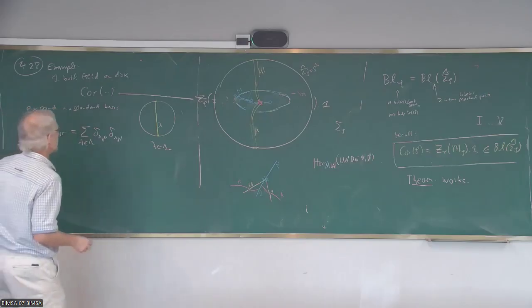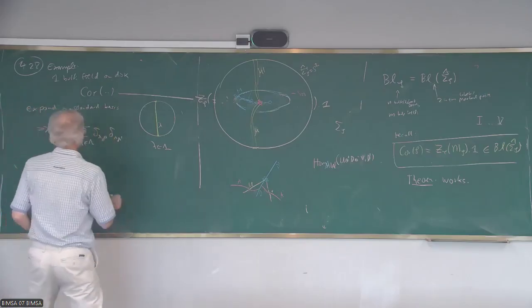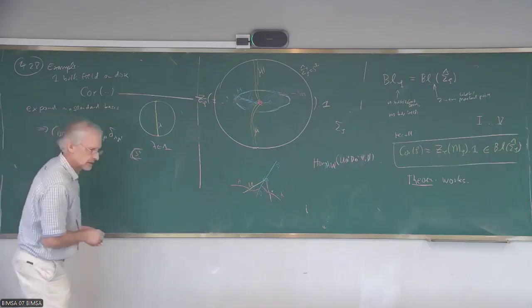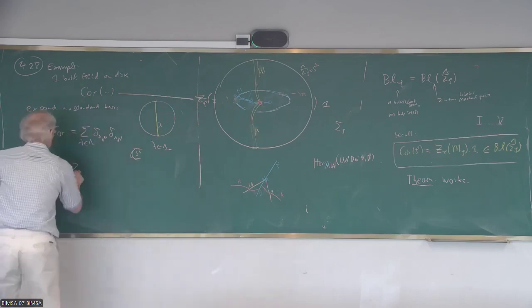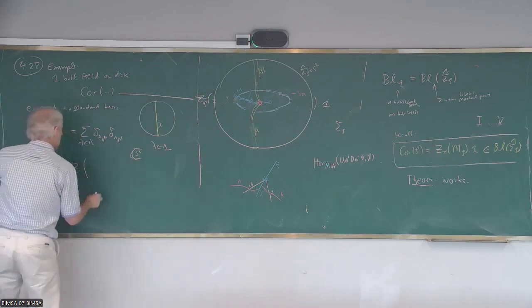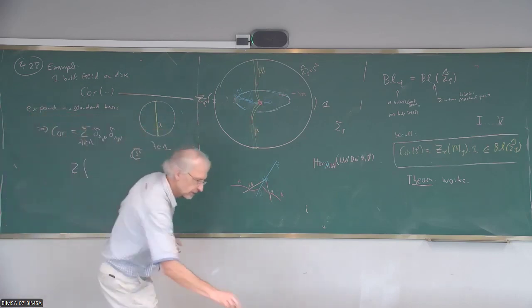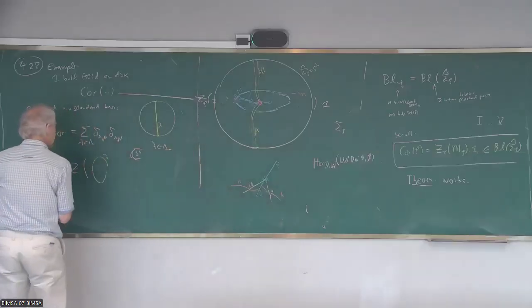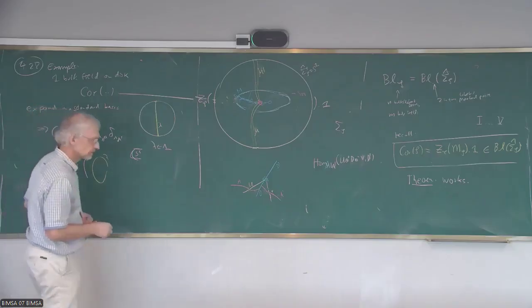And then you get in S3 a ribbon graph where you have one ribbon labeled by lambda. Again, I suppress orientations.